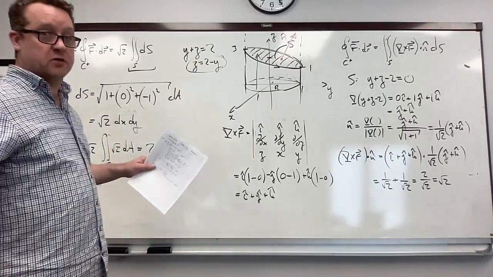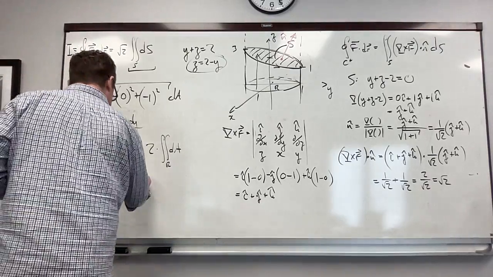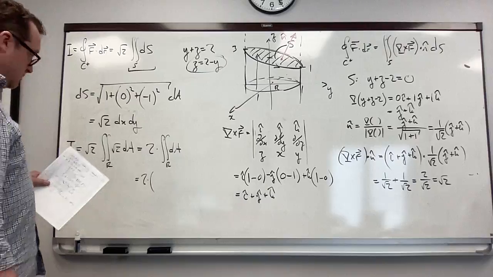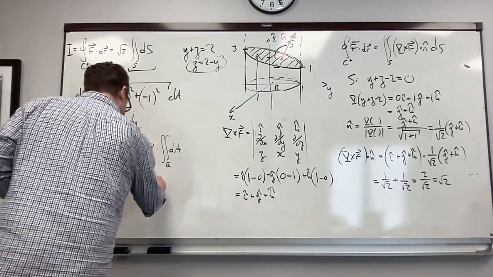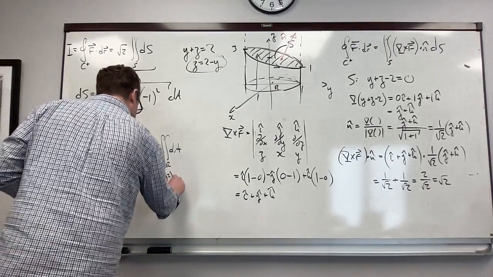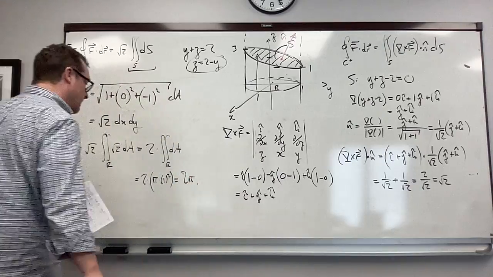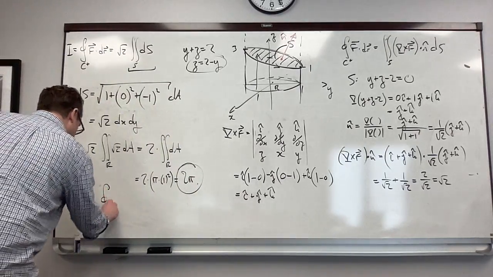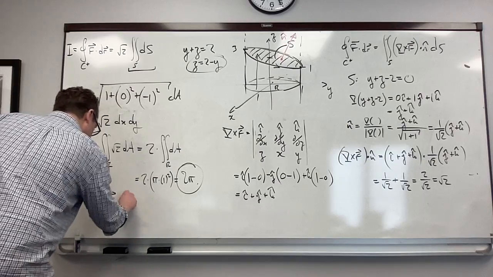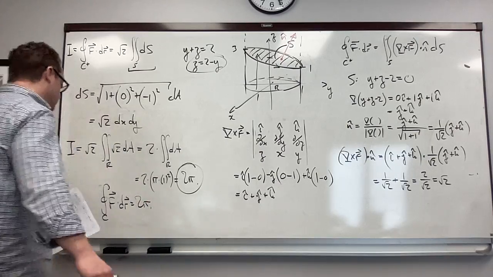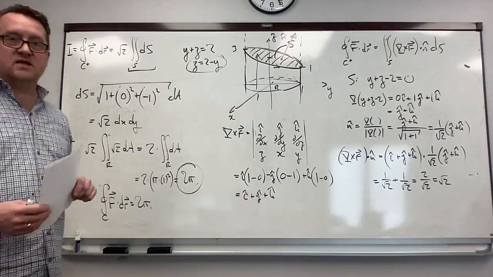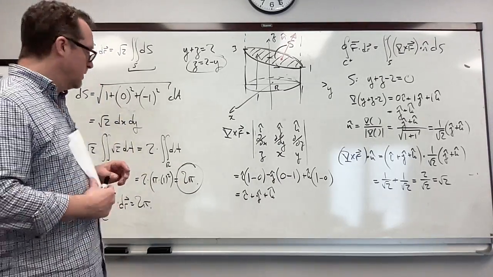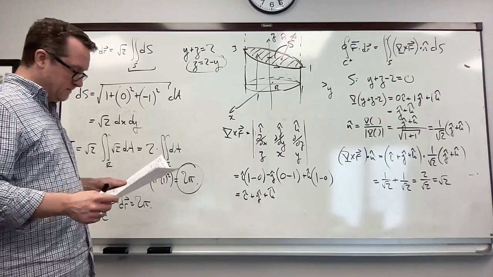That's a circle of radius 1. So the area of a circle of radius 1 is pi times 1 squared. So this whole thing becomes square root 2 pi. That's our final answer. So this integral becomes square root 2 pi. Doesn't have any sensible engineering units associated with it, but that's okay. We're just doing our calculus exercise at this point.